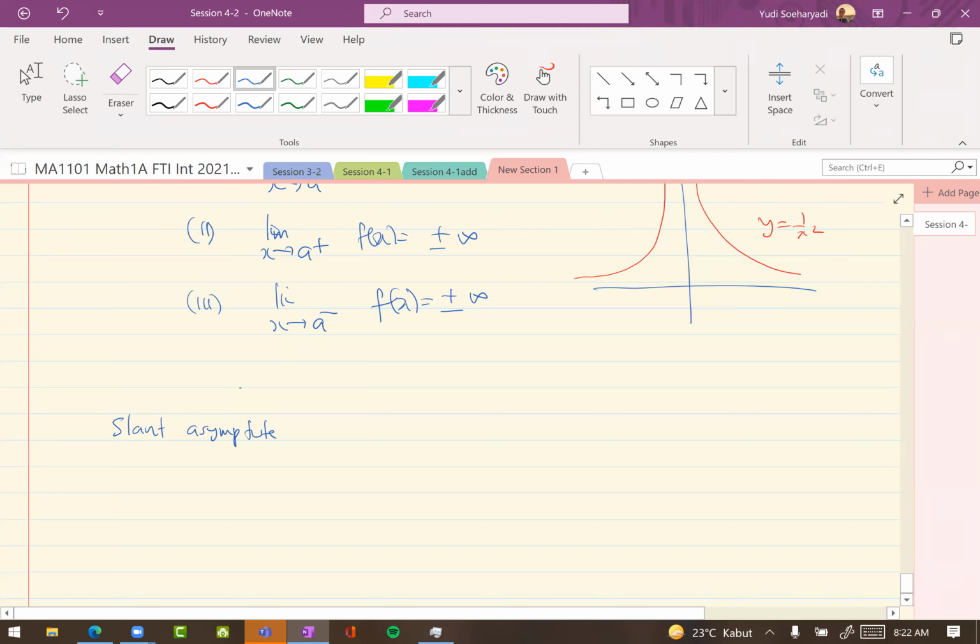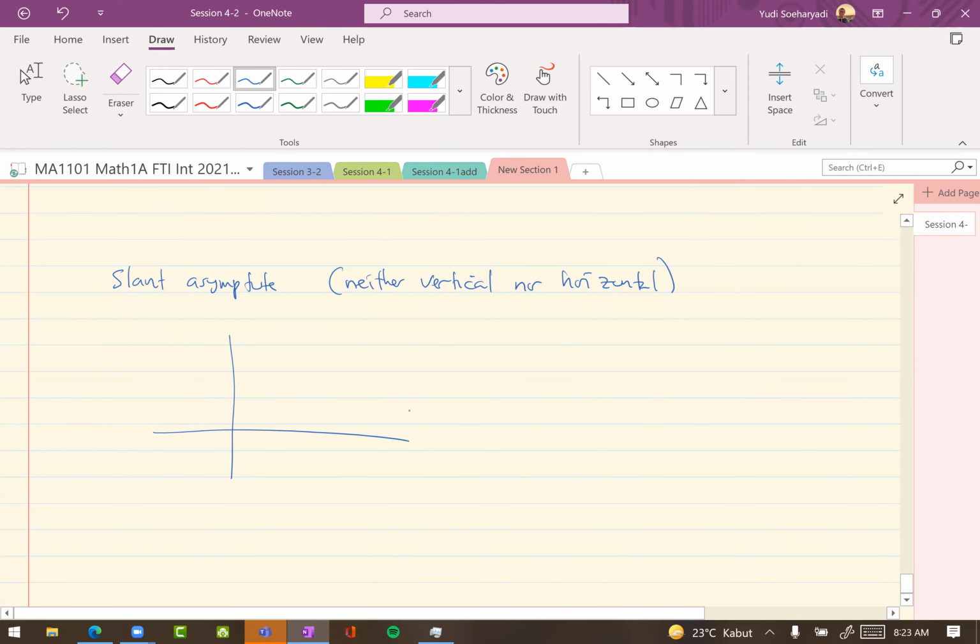A slant asymptote is an asymptote that is neither vertical nor horizontal. So that means the asymptote maybe looks like this one.